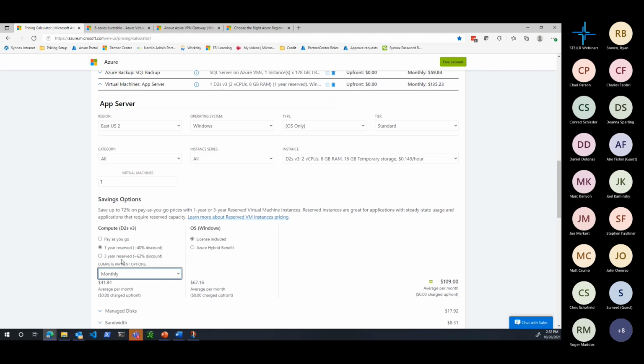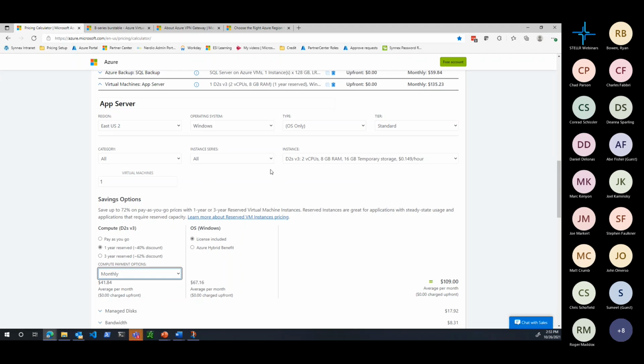Now, with partners, one of the things that we want you to be aware of is that you can't double dip. You can't turn the machine off and still get that 40% discount. You're guaranteeing Microsoft that machine is available to you 24/7, 365, for the duration of that reserved instance, in this case 1 year.